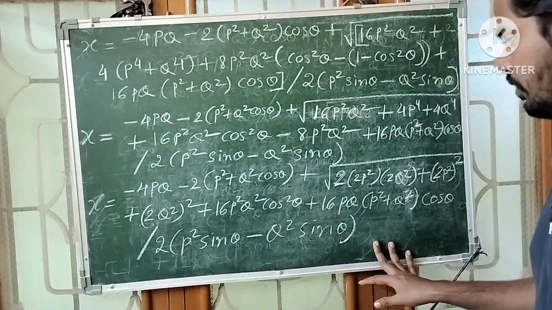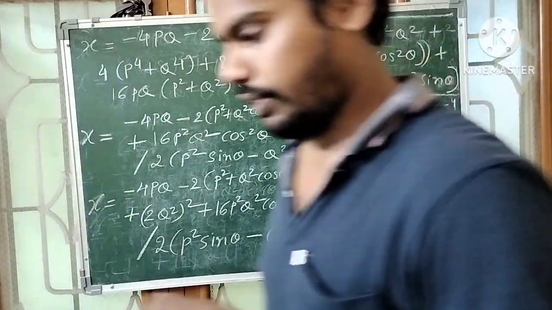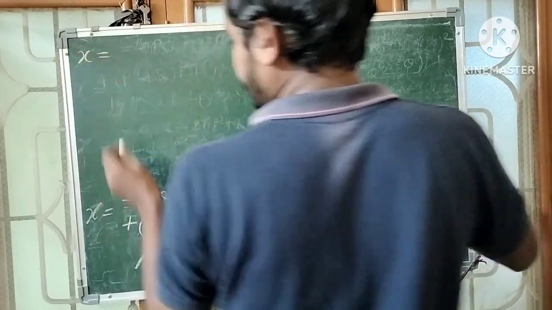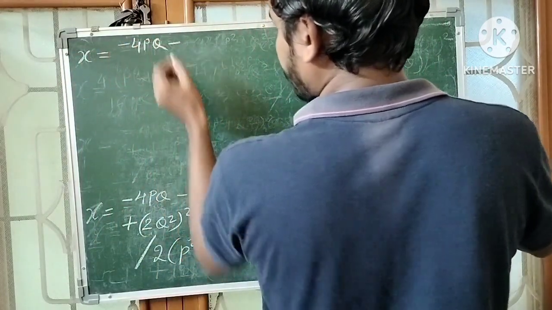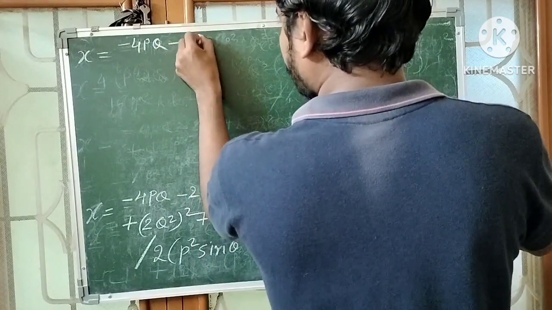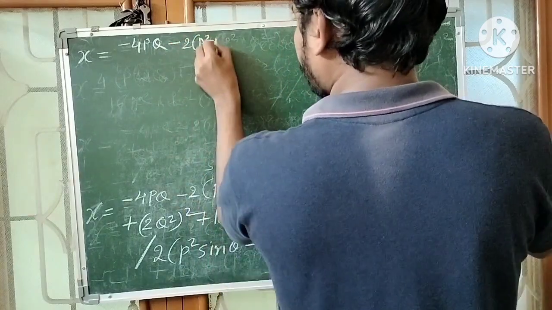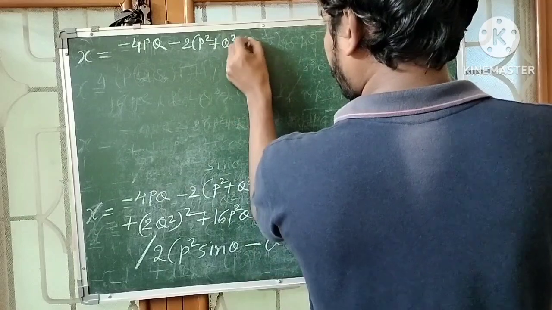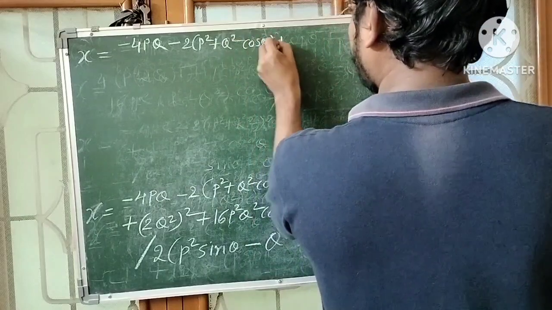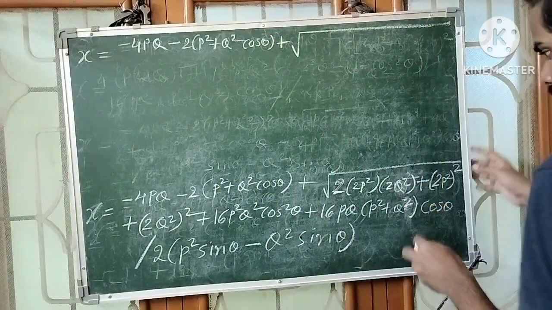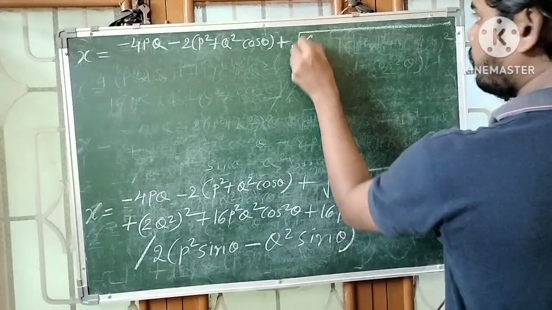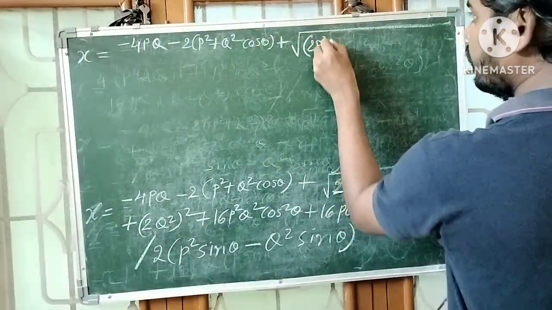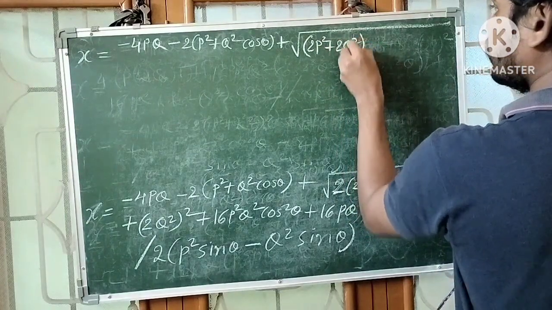Still we need to simplify the square root further. Next step, x is equal to minus 4pq minus 2 into p square plus q square cos theta plus root over a square plus b square plus 2ab, a plus b whole square. So 2p square plus 2q square whole square.